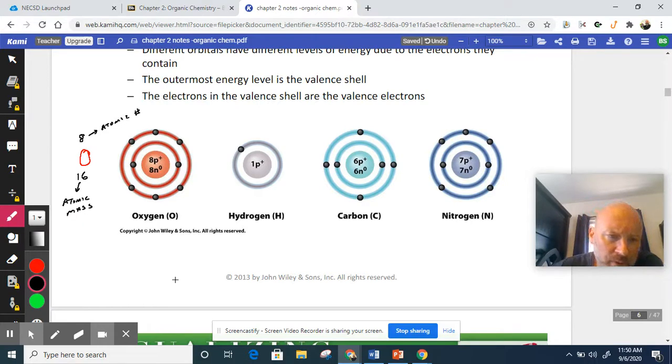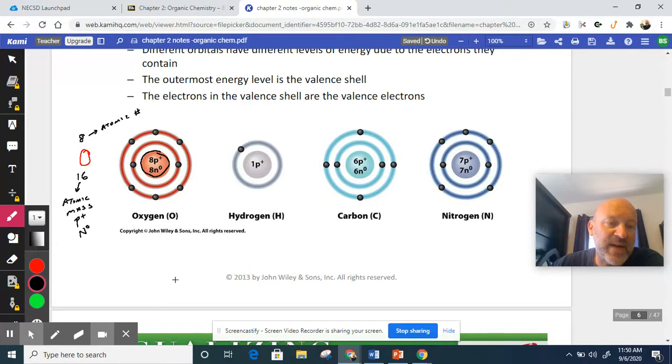How many particles are in the middle? Now remember, in the middle, in the nucleus, we only have protons and neutrons that have zero charge. So how many of these particles are we going to find in the middle? And that will give us our atomic mass. Well, it says 16. So you would assume that there's 16 particles in here.